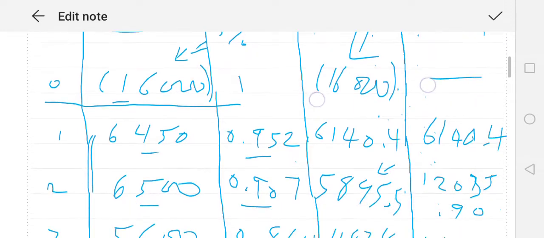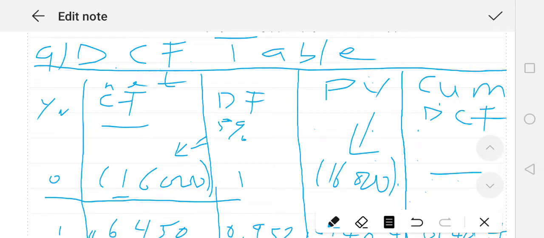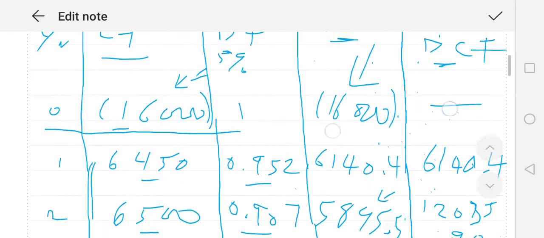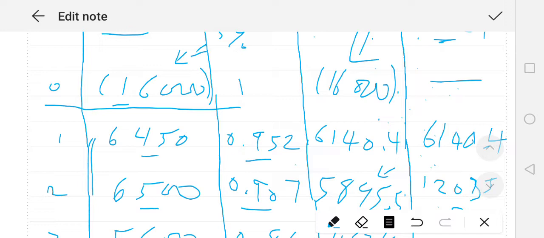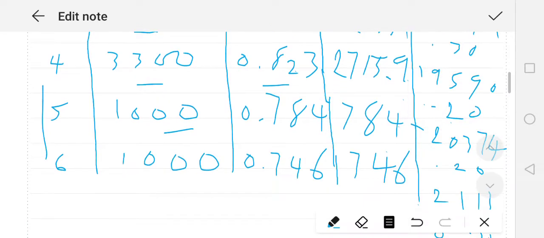When we multiply the discount factor by the cash flow, we get the present value. Then we cumulate the discounted cash flows. Year 1 keeps the same figure, then for year 2 you add year 1's figure to year 2's, and you keep on accumulating until you get to year 6.